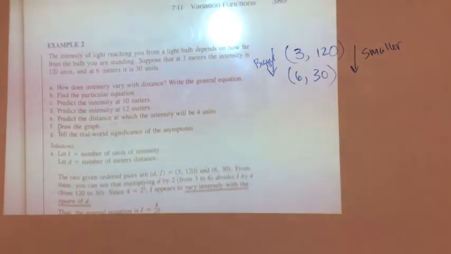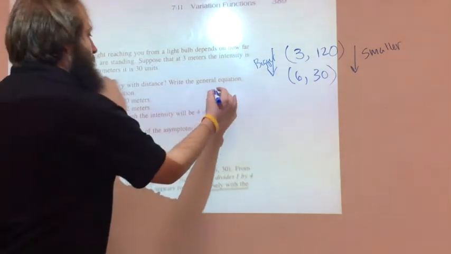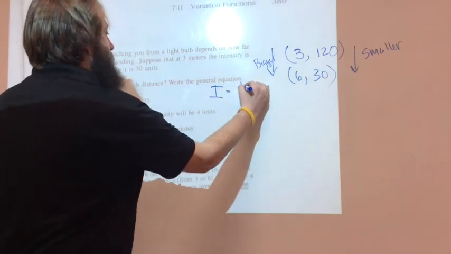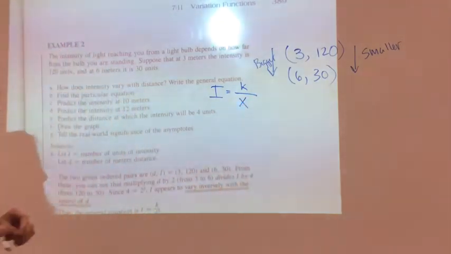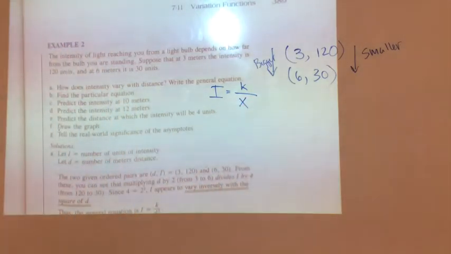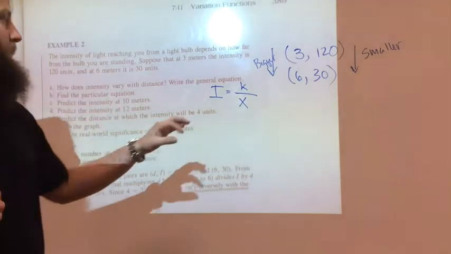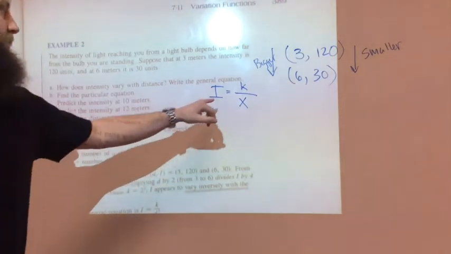Okay, so if we are going to write just a general equation, it would be the intensity equals k divided by some x. Now we want to find a particular equation. To do that, we are going to take one of the points that we got, and we are going to plug it into the equation.